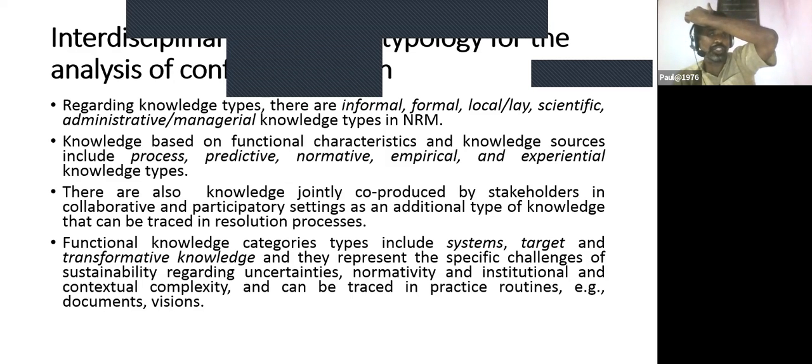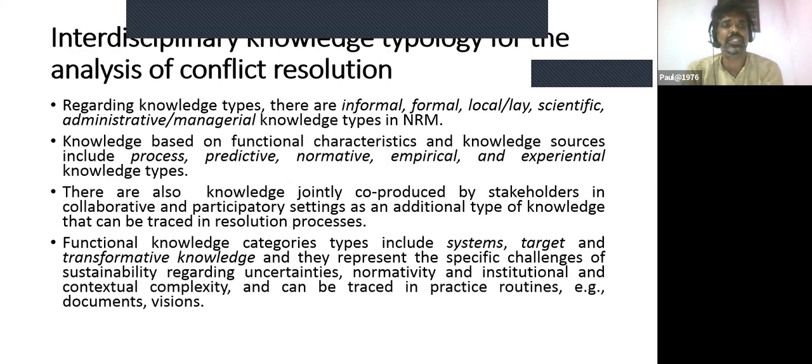There is also knowledge jointly co-produced by stakeholders in collaborative and participatory settings as an additional type of knowledge that can be traced in resolution processes, especially in urban planning studies.